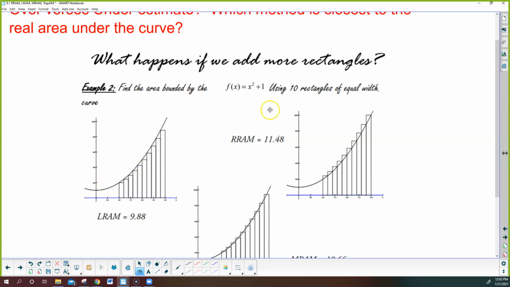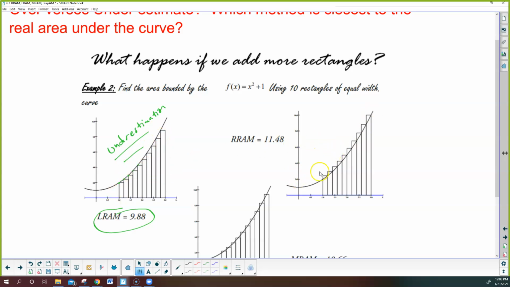See how this graph here, this function is increasing and all the values for the left endpoints are below? This would be considered an underestimation because I'm focusing on the left-hand side rectangles and the function is increasing. So I know that this value is definitely less than what the actual area under the curve would be.